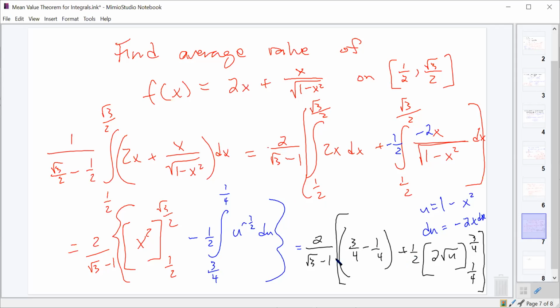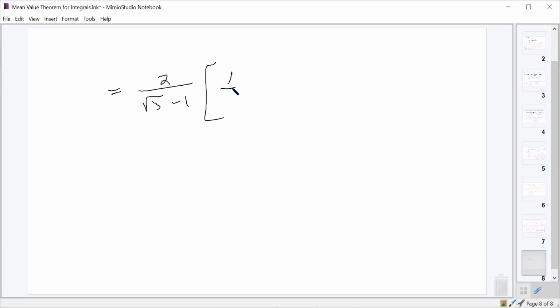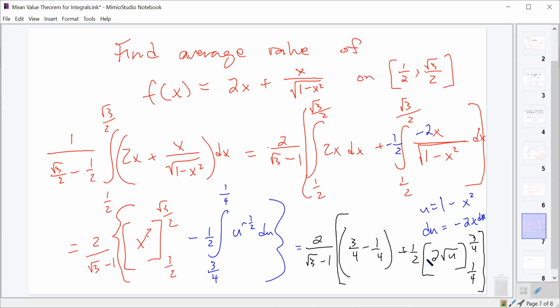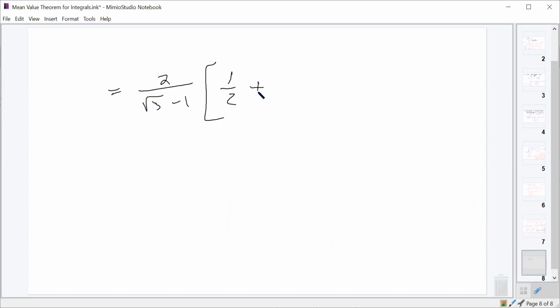Okay. So we got 2 over root 3 minus 1. We got 3/4 minus 1/4, which is 1/2. And then the 1/2 and the 2 cancel each other. So we just have square root of 3/4 minus square root of 1/4.